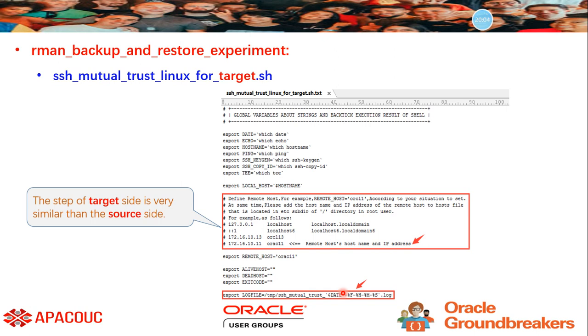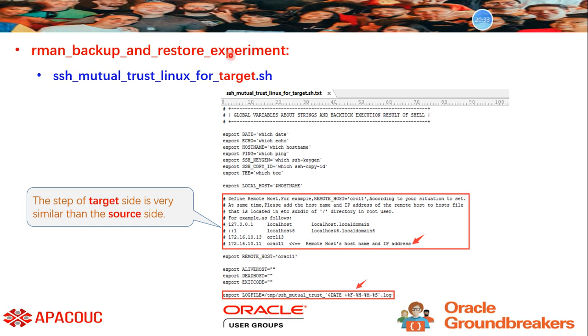In the prior 3 slides, I introduced the function of setting SSH mutual trust on the source host. The content of this slide is very simple. It's about the same function as the preceding several slides, just setting SSH mutual trust on the target host.